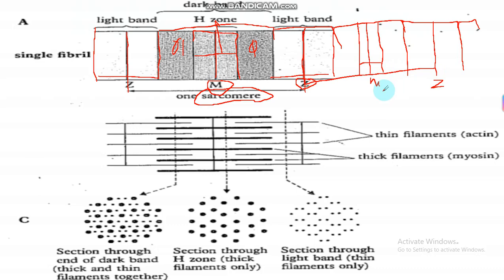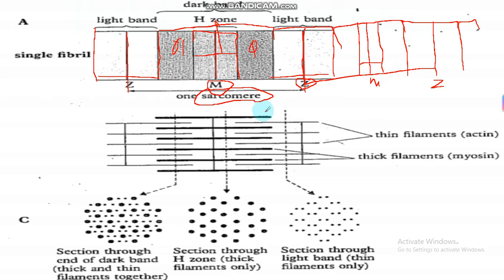Now, what are these dark zones and the light zones made up of? What are they really made up of? There are only two proteins which we said are in a myofibril. They are the thin actin filaments and the thick myosin filaments.